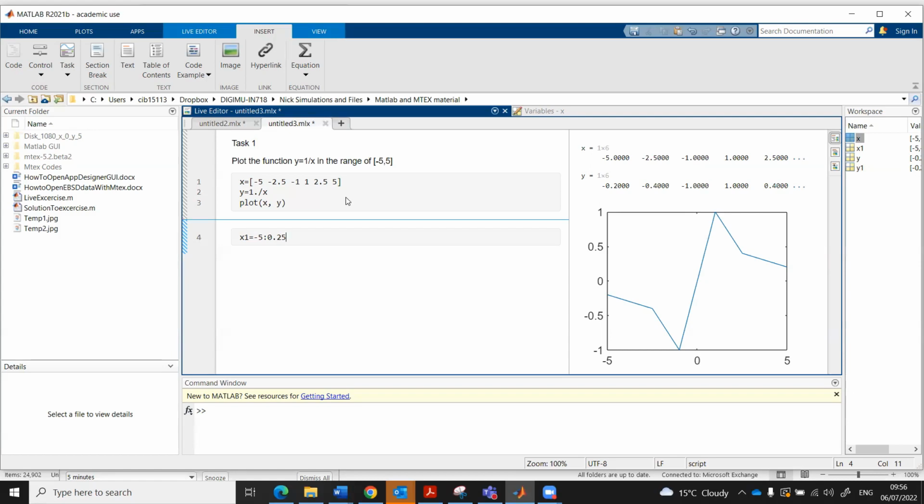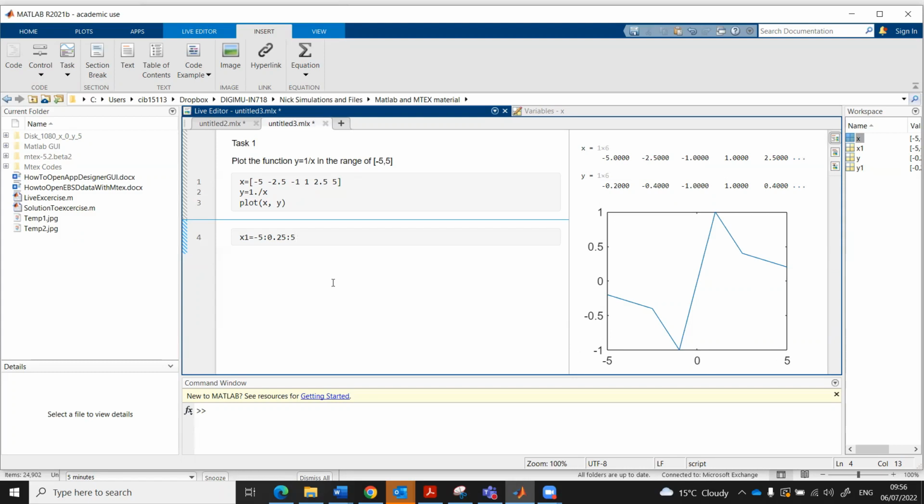And then I'm putting again a colon sign, and I'm putting 5. So what does it mean? It means that from -5, every 0.25, I will be putting a point. And this will be my array.